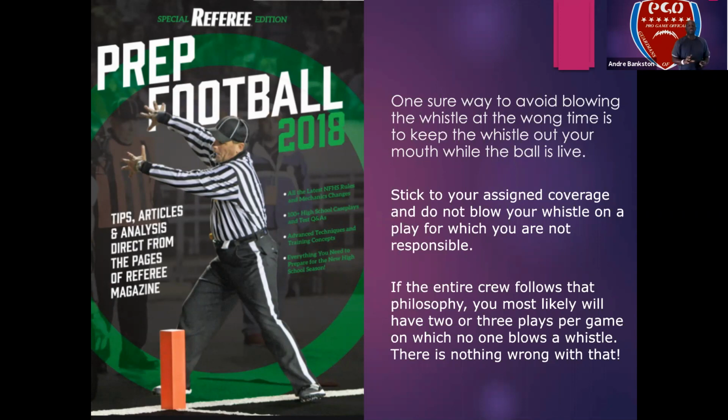I know coaches say play until the whistle is blown, and we feel that urgency to blow the whistle as fast as we can. But honestly, we don't have to, right? It is on the onus of the players to know when the player is down based on the 12 things we've talked about: running out of bounds, forward progress stopped, anything but his hands or feet touching the ground, going out of bounds.